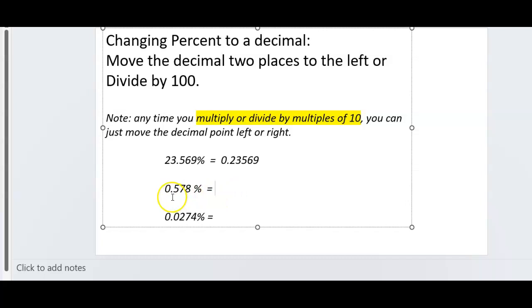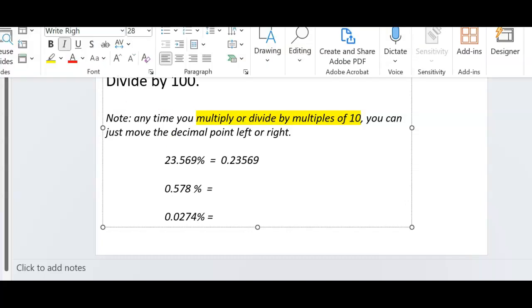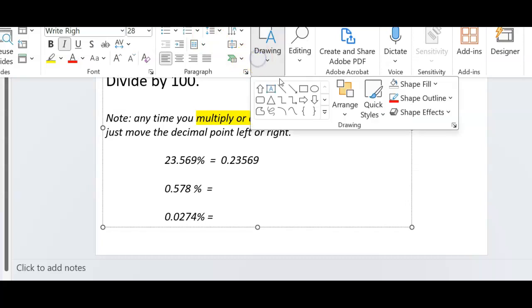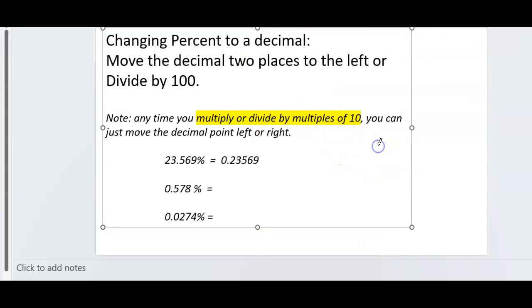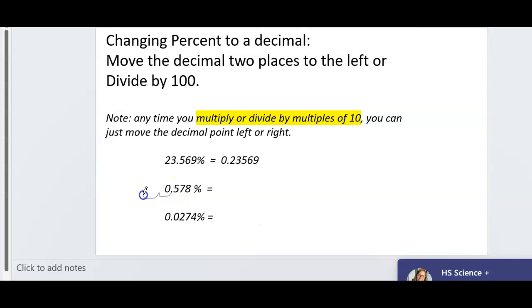For the second one down, we have a 0 in front, so we have to add in zeros after we move. Let me get a drawing tool. Okay, and so I'm going to move this decimal 1, 2.